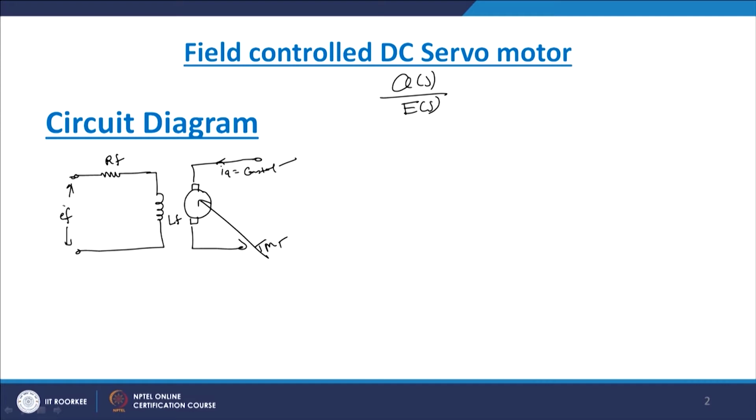As I told, EF is for development of the flux, RF is the field resistance, LF is the field inductance. Then this torque is produced, and the motor has to drive against the moment of inertia and the friction.